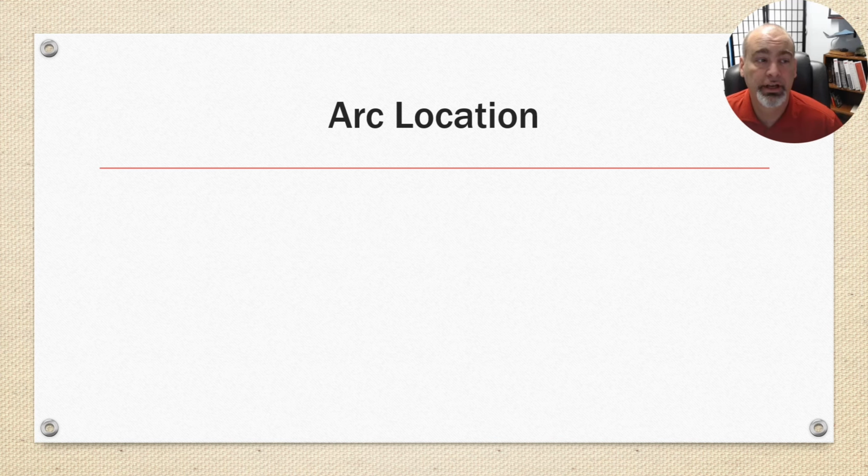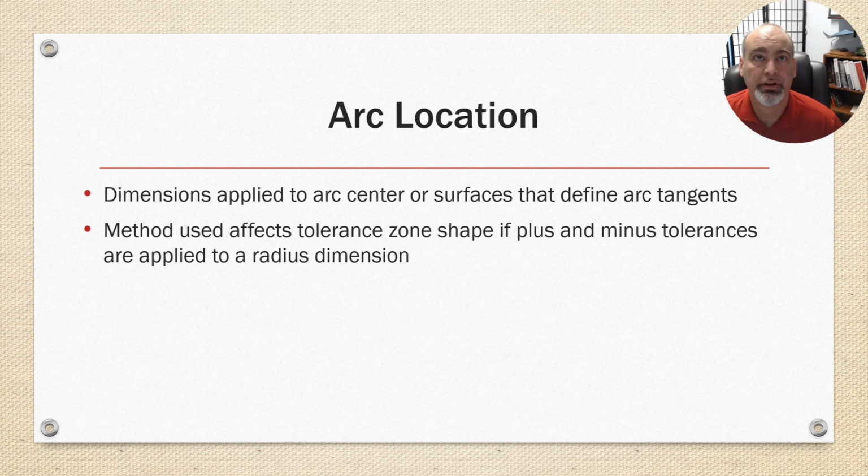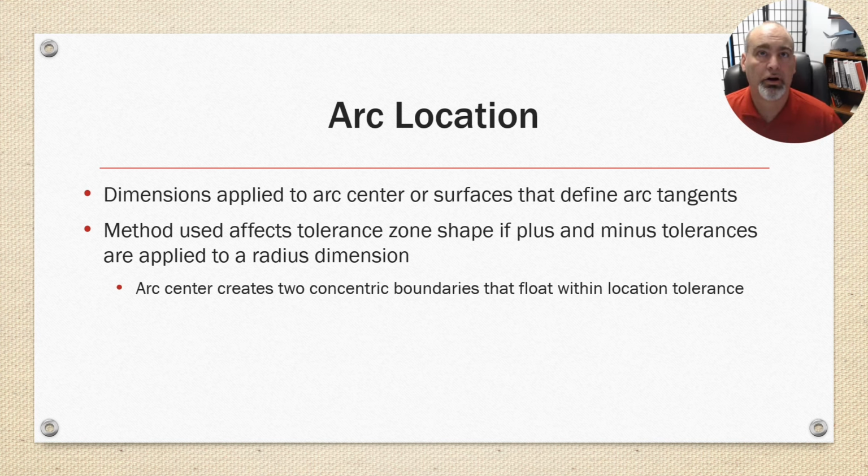Okay, arc location. Dimensions are applied to the arc center or to surfaces that define arc tangents. The method affects the tolerance zone shape if plus and minus tolerances are applied to radius dimensions. Arc center creates two concentric boundaries that float within a tolerance.